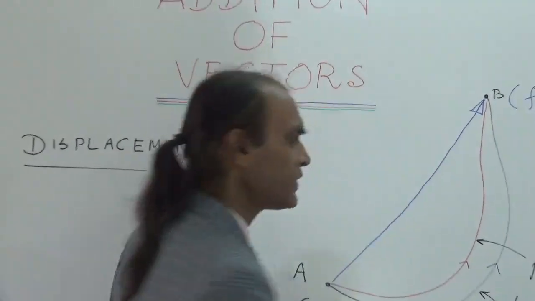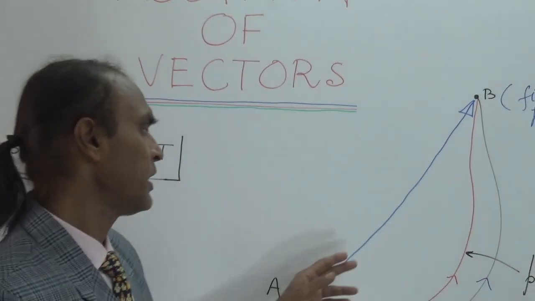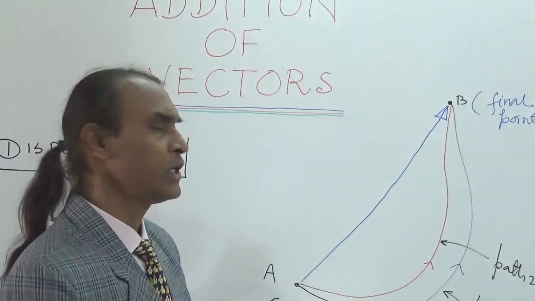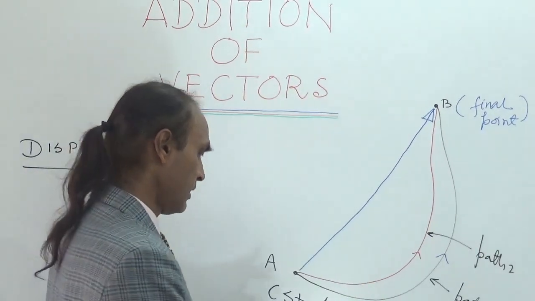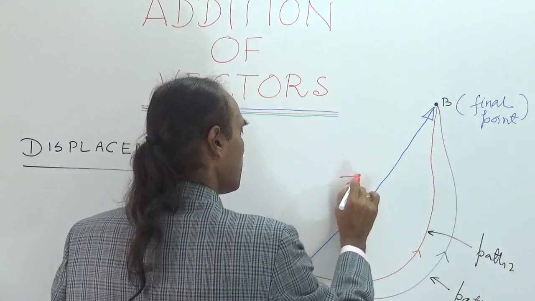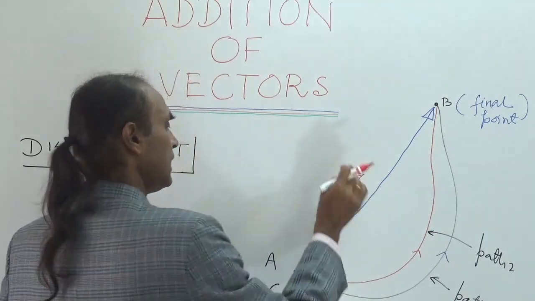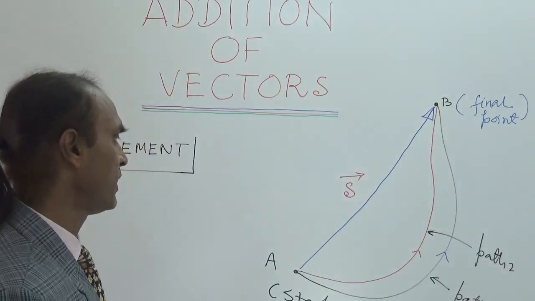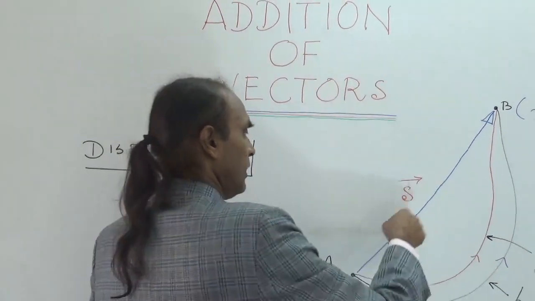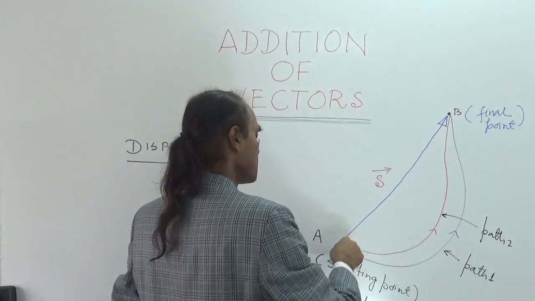Which is a constant quantity? Fixed quantity for different paths. That is what we call displacement, given by the letter S. It's called displacement vector. It is a vector quantity.